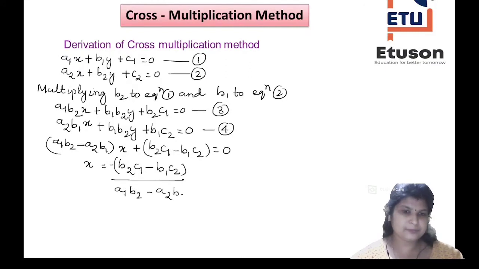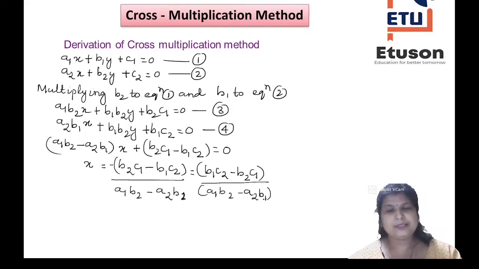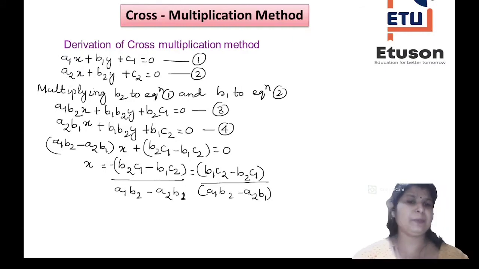Right. Now if you multiply this minus here, it will be (b1 c2 minus b2 c1) divided by (a1 b2 minus a2 b1). So this value will be equal to x.